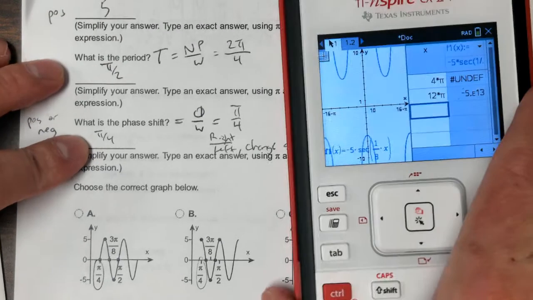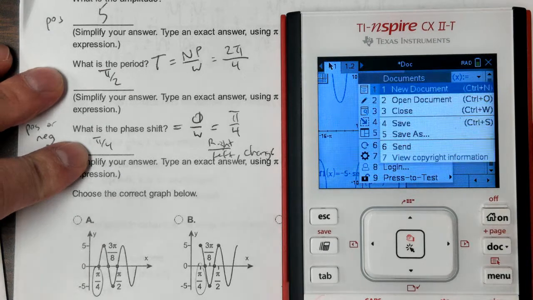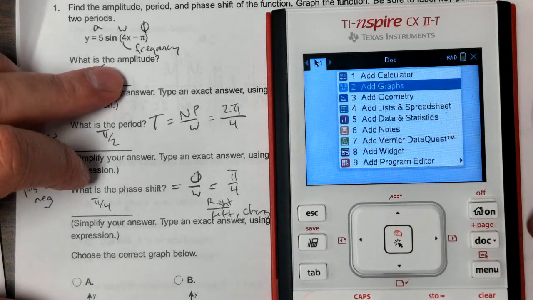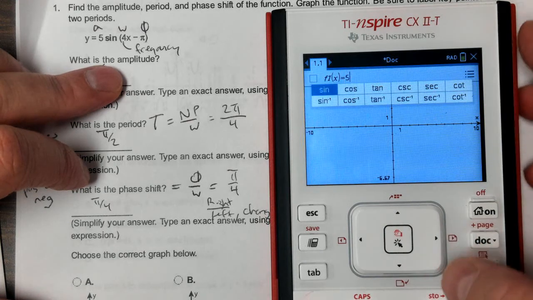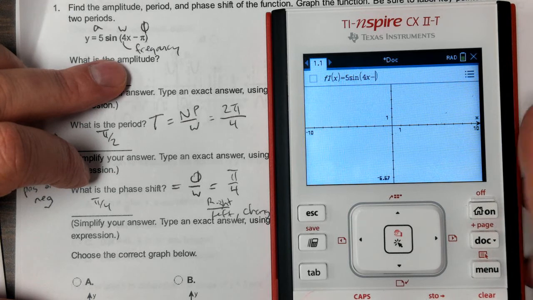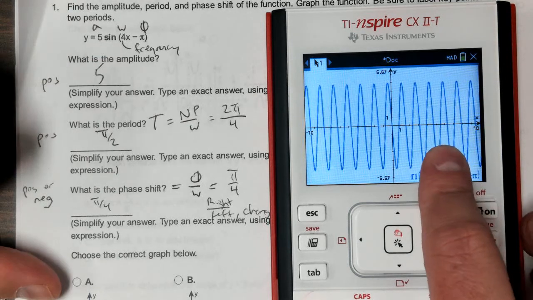So let's graph 5 sine 4x minus pi. Okay, there's your graph.